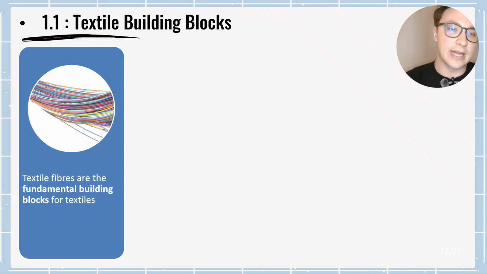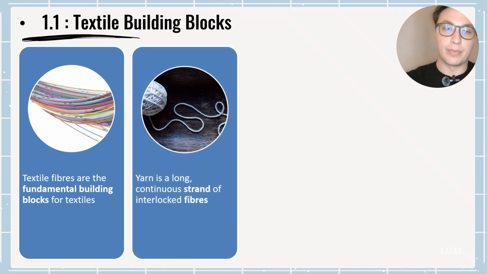We can define the textile fibers as the fundamental building blocks for all the textiles, followed by the yarn, which is basically a continuous strand of interlocked fibers made out of, for instance, natural or non-natural fibers.